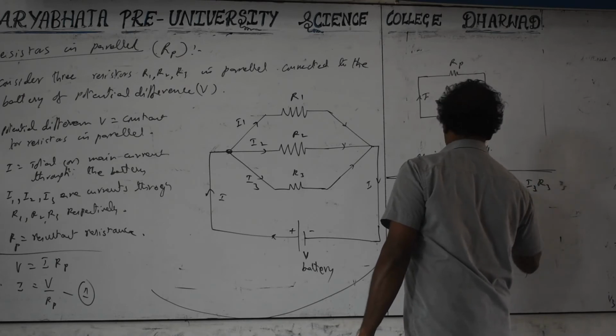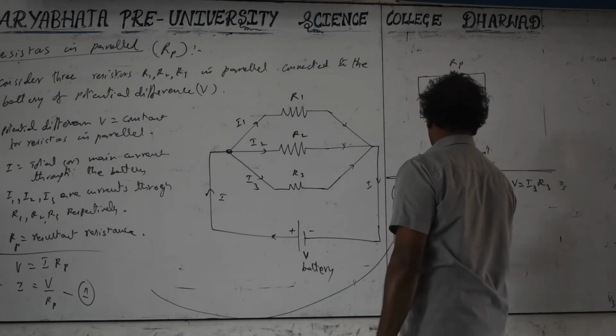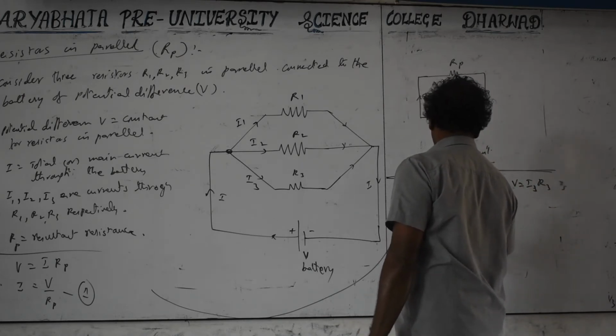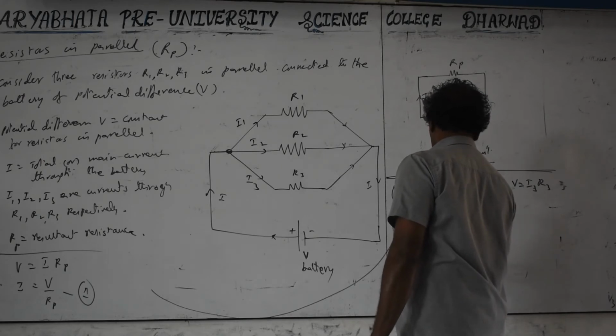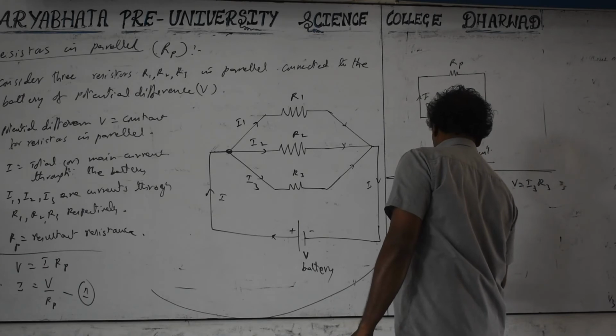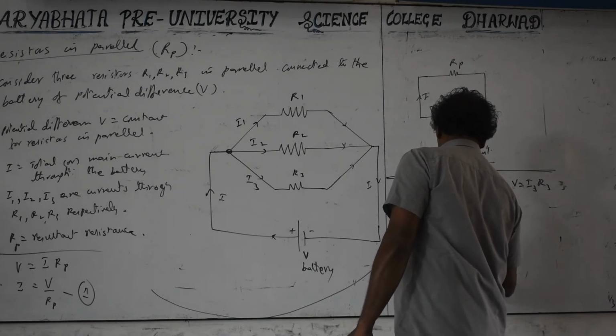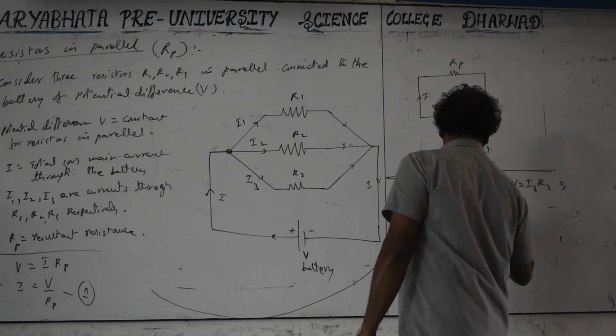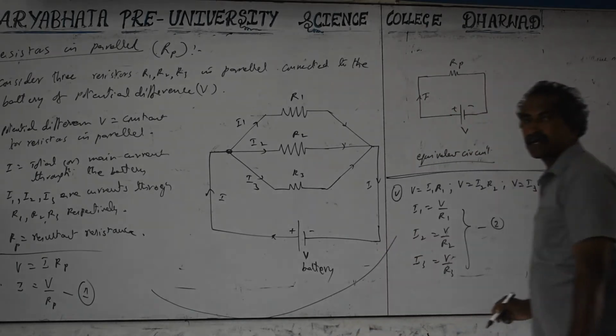Same potential difference. So I1 is equal to V by R1, I2 is equal to V by R2, I3 is equal to V by R3. This is equation number 2.